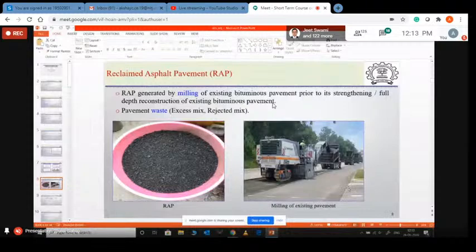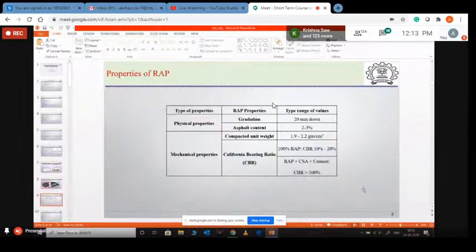And another thing is that at times we need to completely remove the existing material for reconstruction if the condition of the road is very poor. From there also we can generate this RAP. This RAP, if it is properly piled, properly stored, without mixing with each other, then probably it can be reused in various layers of pavements.